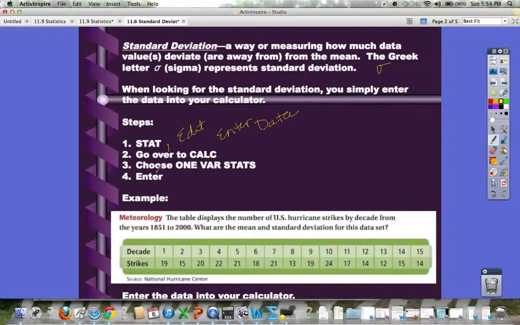Once you have your data in, you're going to go over to Calc, and then choose One-Var Stats, which is number 1, and hit enter.